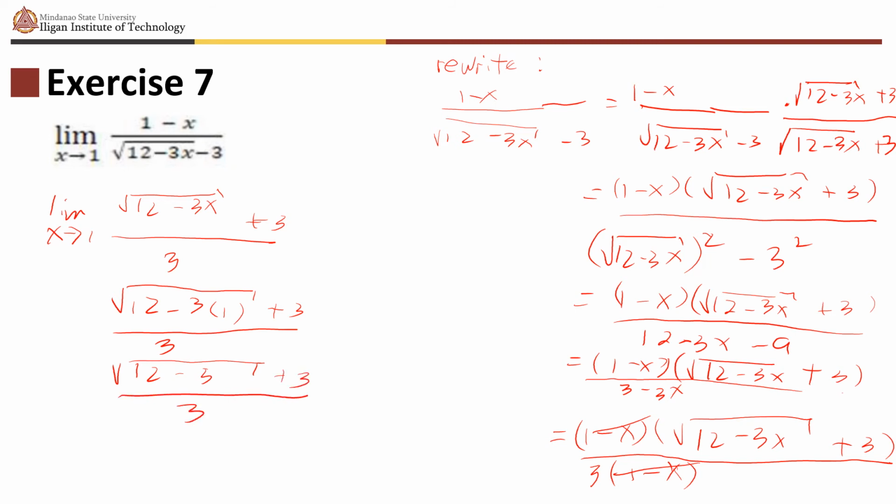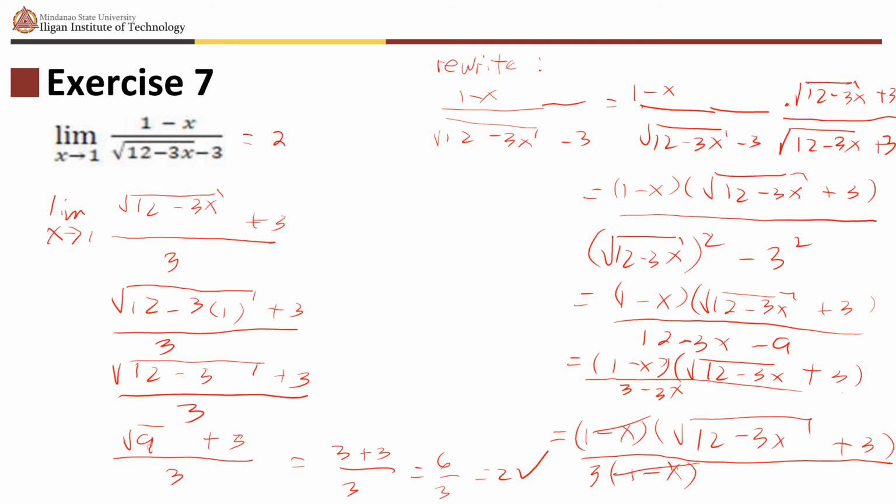But the square root of 12 minus 3 will give us the square root of 9, plus 3 all over 3, which is the same as, since the square root of 9 is 3, 3 plus 3 all over 3, which is equal to 6 over 3, meaning to say that's equal to 2. So the limit of that is equal to 2.